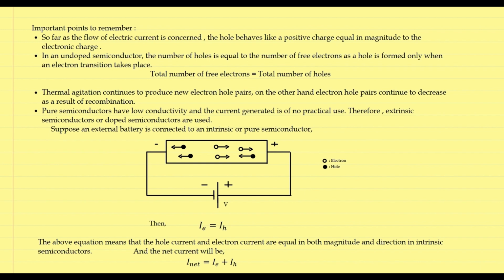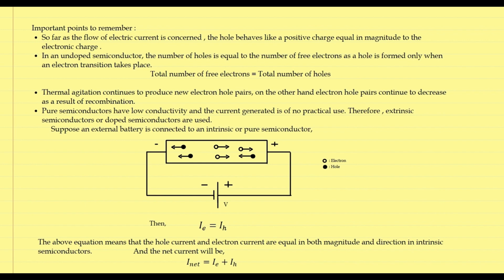On the other hand, electron-hole pairs continue to decrease as a result of recombination. Pure semiconductors have low conductivity, and the current generated is of no practical use. Therefore, extrinsic semiconductors or doped semiconductors are used.